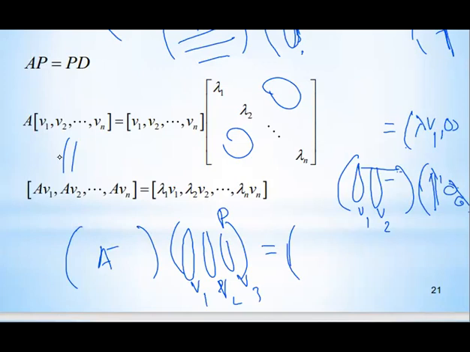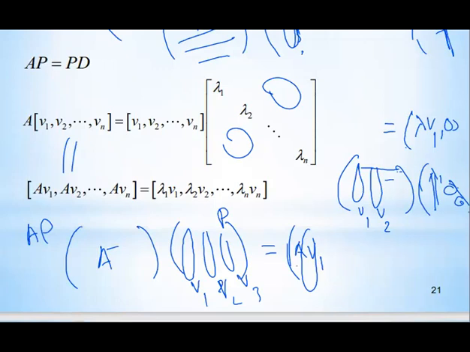You will realize when you do it for a 3 by 3 matrix, this would be A V1. So first column of the AP matrix. The second column, here I have given a name, AV2. That's all, right?